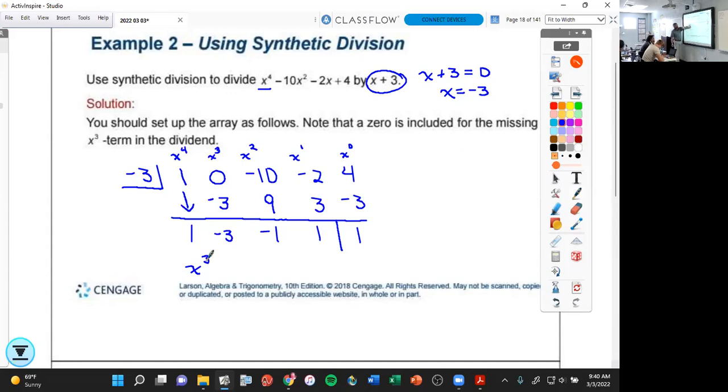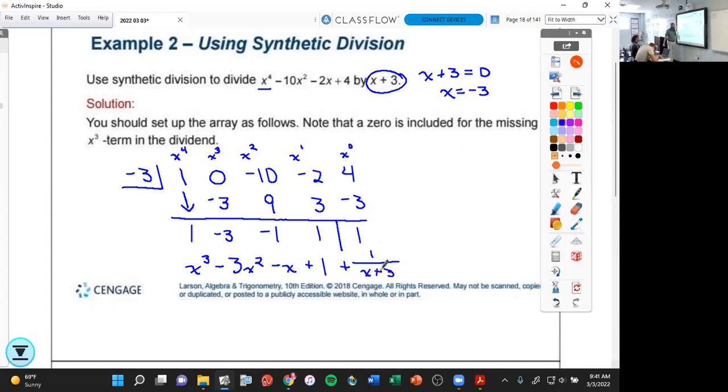This was x cubed, this is now x squared. This was x squared, this is now x to the 1st. This was x to the 1st, this is now my constant. Plus I have 1 left over, and I was dividing by what? X plus 3. And that's the answer.